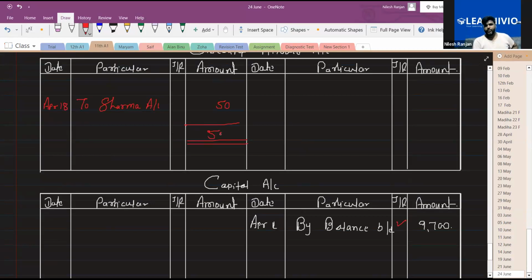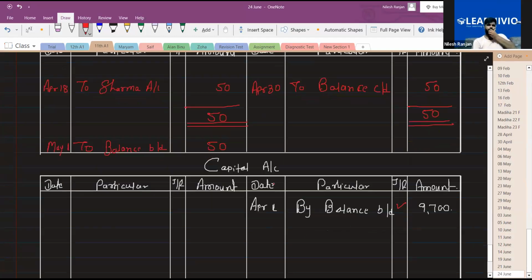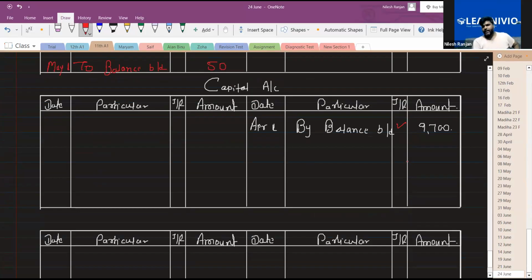So our ledger part is complete. And capital is 9,700.